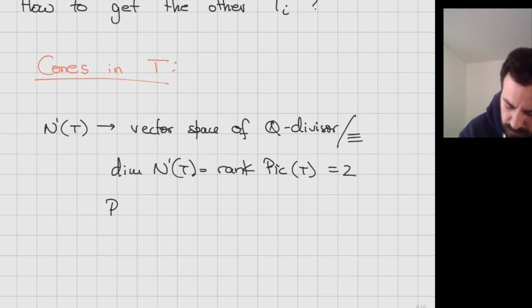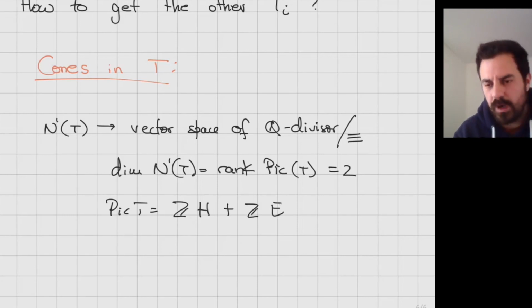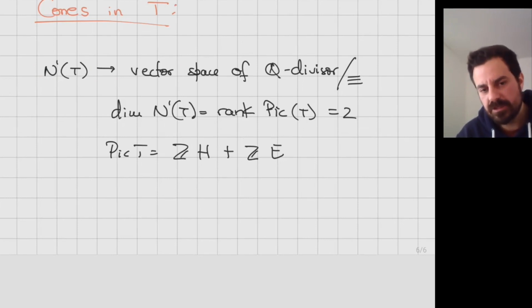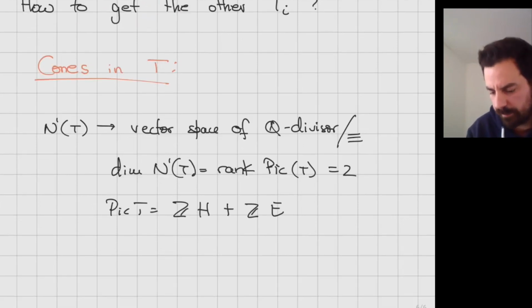Why? Because the Picard group of T is generated by H plus E, where H is just a pullback of a hyperplane section away from the point that you blow up.